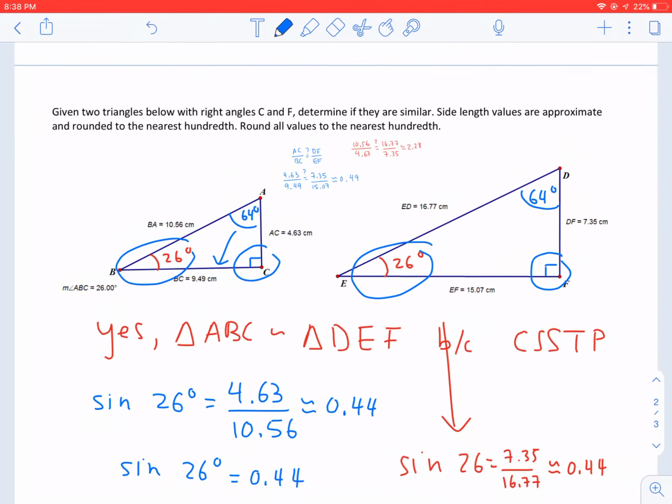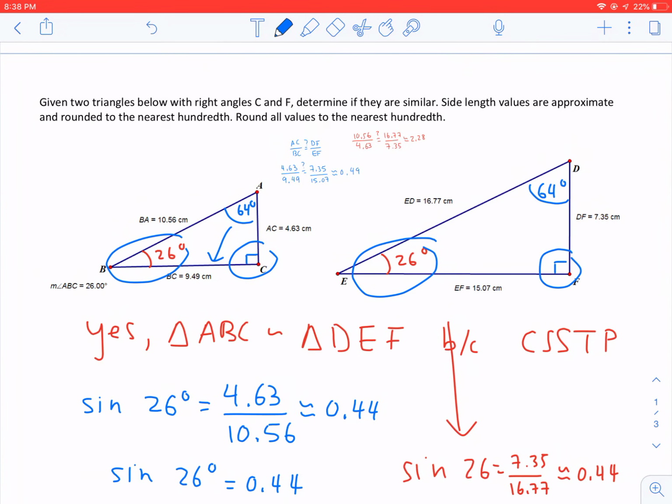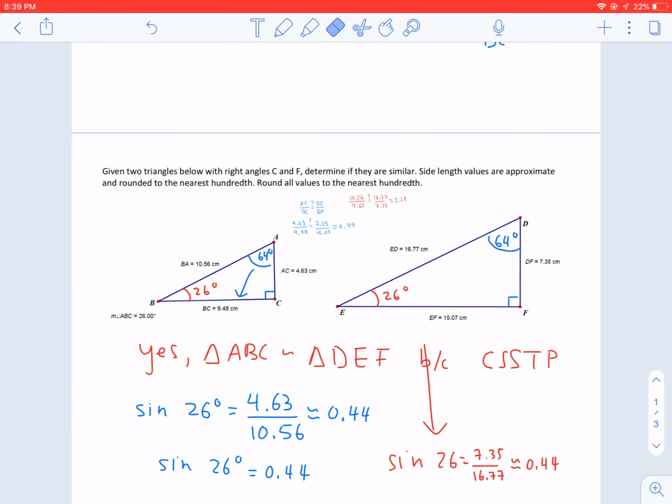So that ratio of opposite to adjacent or opposite to hypotenuse or adjacent to hypotenuse, it's always going to be the same ratio. And those are our trig definitions and relationships we're going to be using.